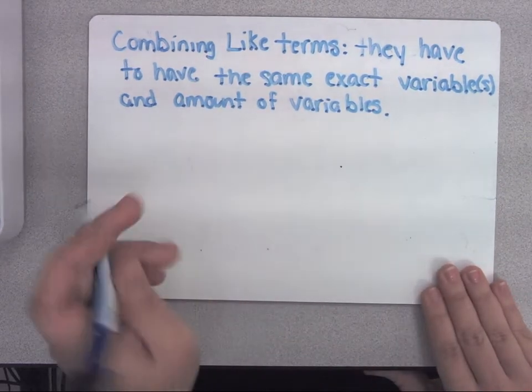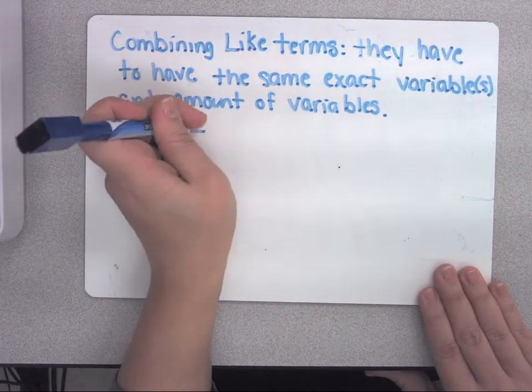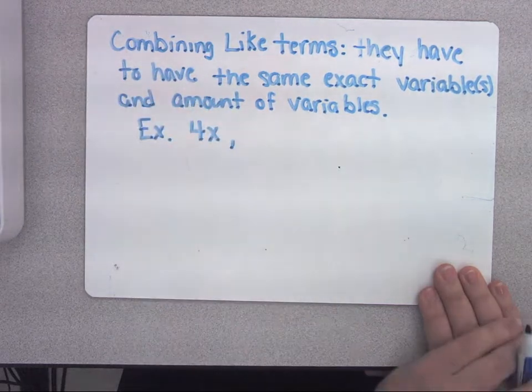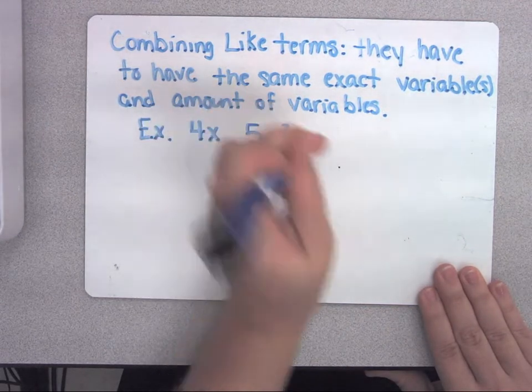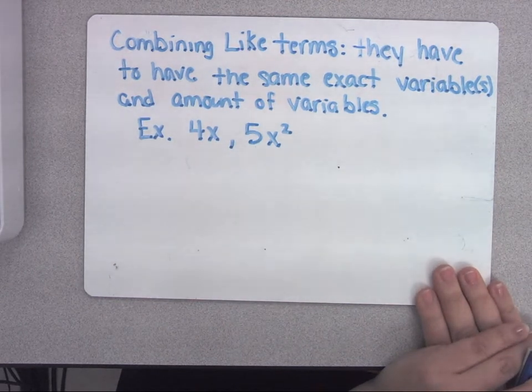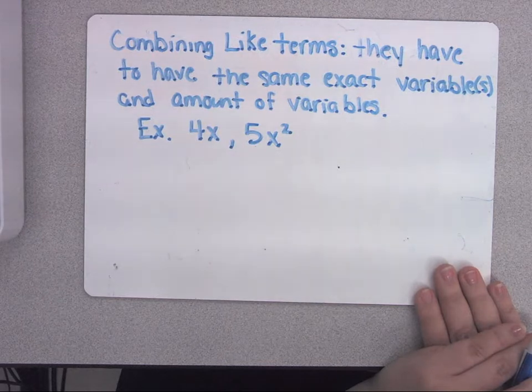Right? What we mean from this. Example, if I have 4x and I'll put comma and 5x squared, are those like terms? Look at them. Both have numbers. They both have x's. But are they like terms?